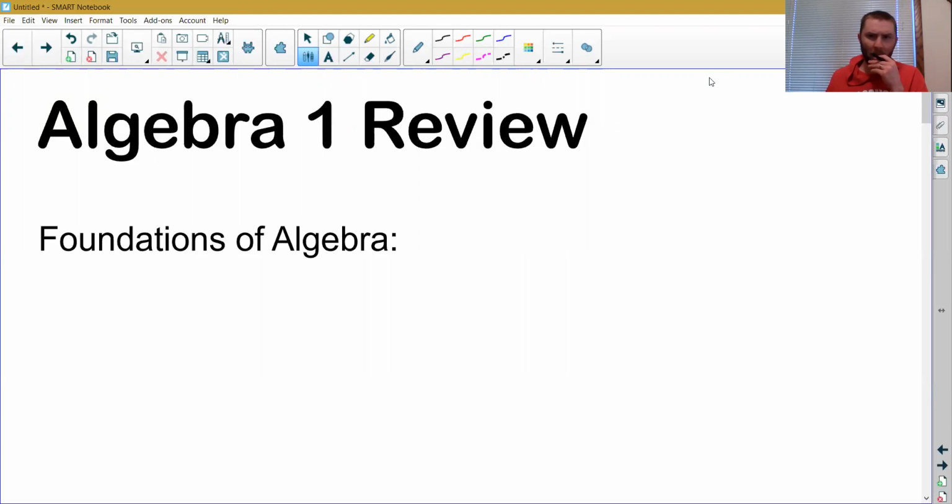So if we start all the way back with chapter 1 from the very beginning of this class, we spent a lot of time on what we called the foundations of algebra. These are things that we covered previously in middle school or in some other class, but we talked about even as far back as basic adding and subtracting negative numbers, right?